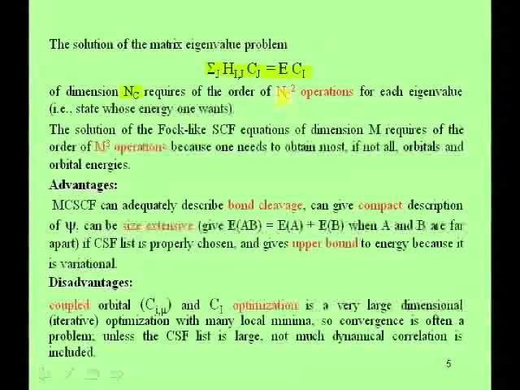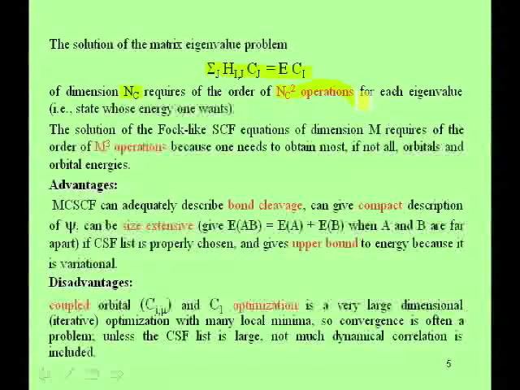If you're interested in just, say, the ground state, you would get one energy out. So to calculate one eigenvalue of this NC by NC matrix, you would require of the order of NC squared operations.